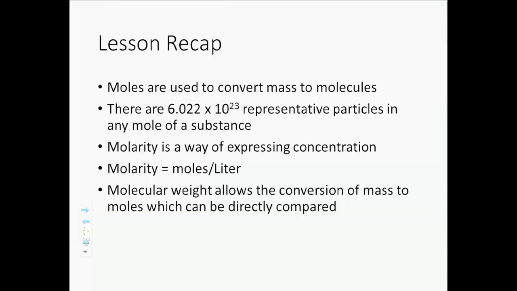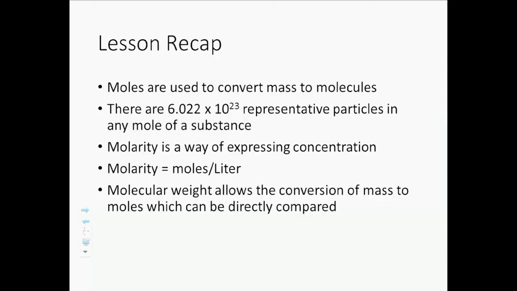Additionally, what is Avogadro's number? 6.022 times 10 to the 23rd. And you can use it as representative particles. So any mole of any substance should have 6.022 times 10 to the 23rd of that substance in it. Additionally, molarity is a way of expressing concentration, specifically where you're representing the mass in moles and you're representing the volume in liters.